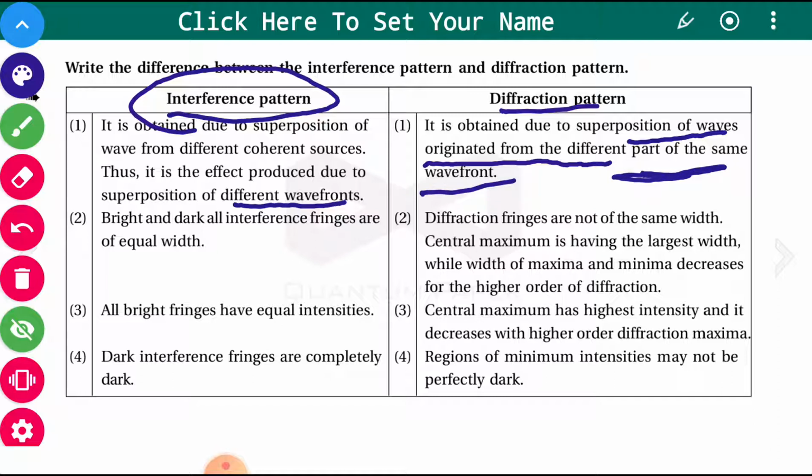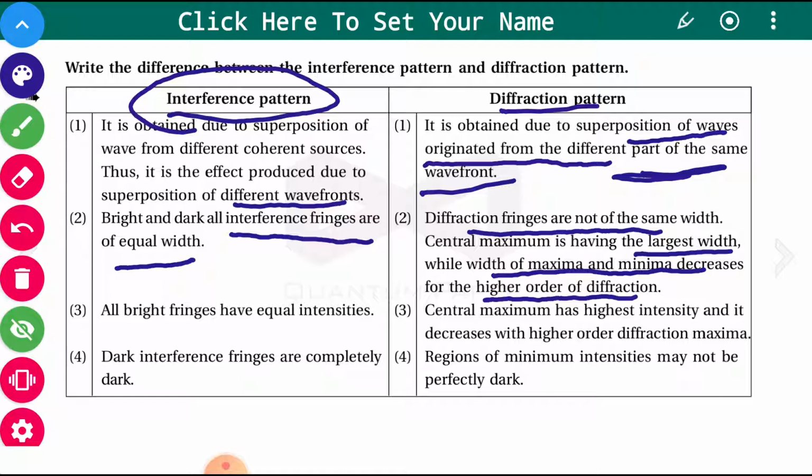The bright and dark interference fringes are of equal width. Here diffraction fringes are not of the same width. Central maxima has the largest width, while the width of maxima and minima decreases for higher order diffraction.